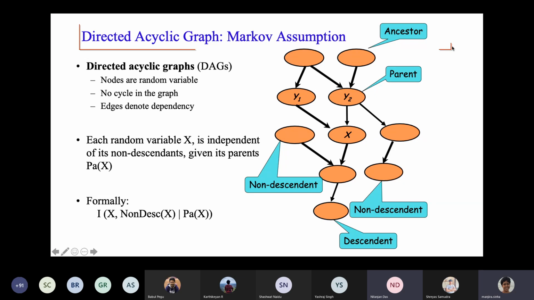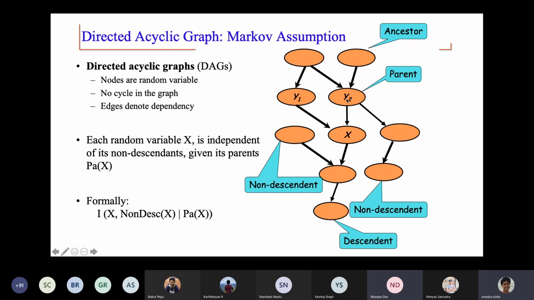So in this case, the graph's nodes are the random variables and there is no cycle in the graph. That is why it is called acyclic. And why directed? Because these edges denote the dependencies in the graph.